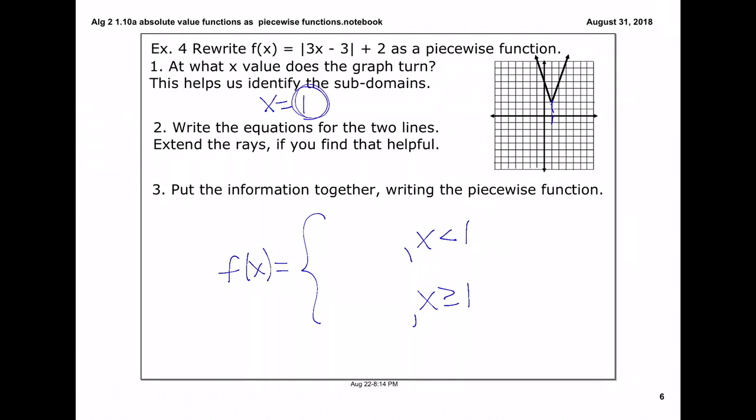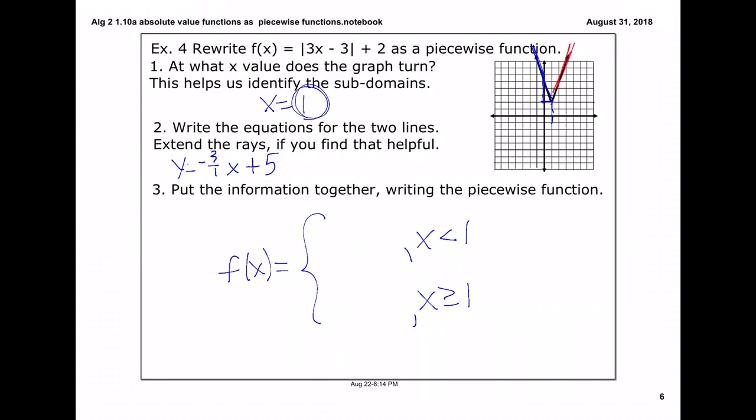If we write our two equations for the lines, if we look at this left ray, we can see that it crosses our y-axis at positive 5. We then need to take a look at our slope, and we're falling 3 or going down 3, running 1, so we have negative 3 over 1x for our first ray.